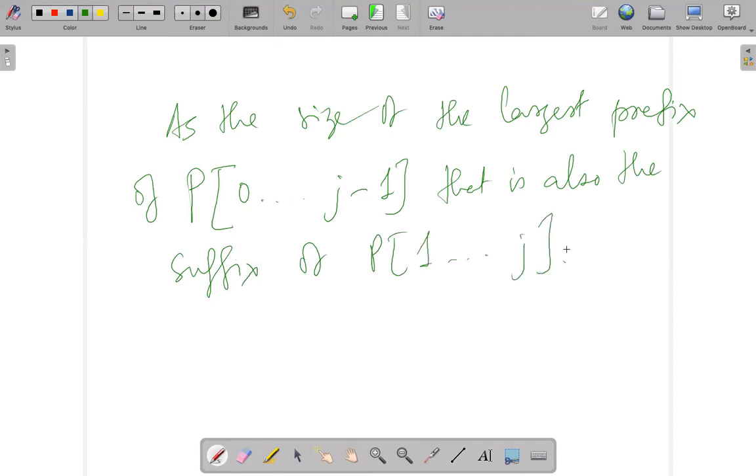So something which is the largest prefix of p0 to j minus 1 and is also the suffix of p1 to j, that is, a sliding window of 1. This defines the prefix function.